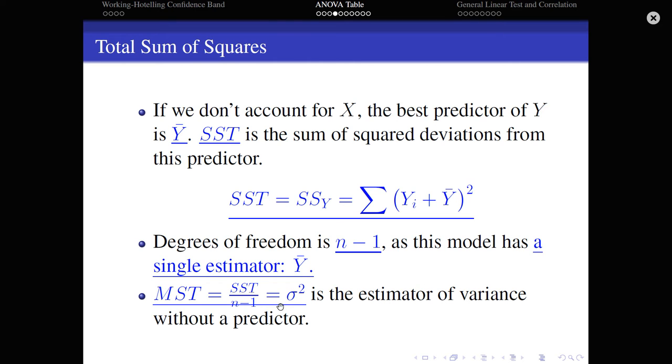The mean squares total is the sum of squares total divided by n minus 1, and this happens to be the variance of y. So this is the variance of y in terms of the population variance, if we have all the population values, or the sample variance if we're using a sample predictor.